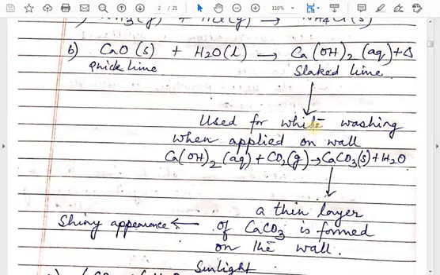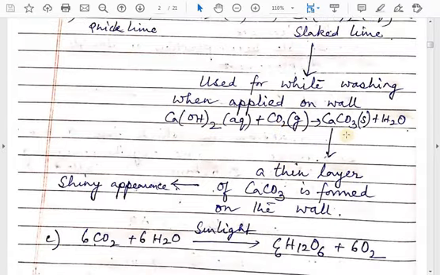This calcium hydroxide or slaked lime is used for whitewashing. When it is applied on the wall, it reacts with carbon dioxide to give calcium carbonate and water. Now calcium carbonate is solid. This calcium carbonate is formed as a thin layer on the wall, which gives the shiny appearance on the wall.